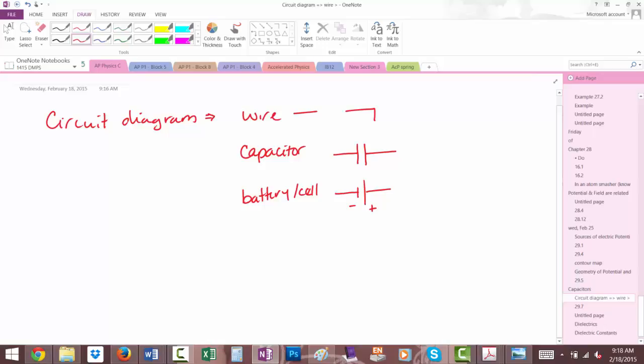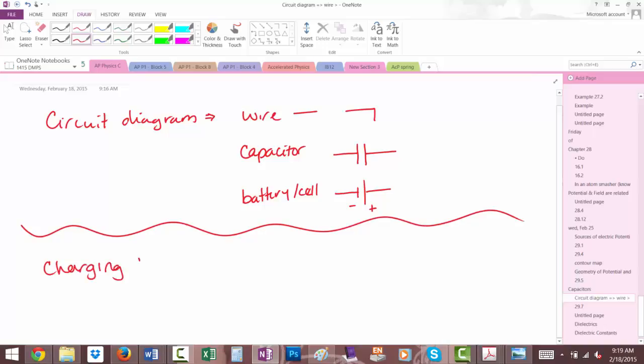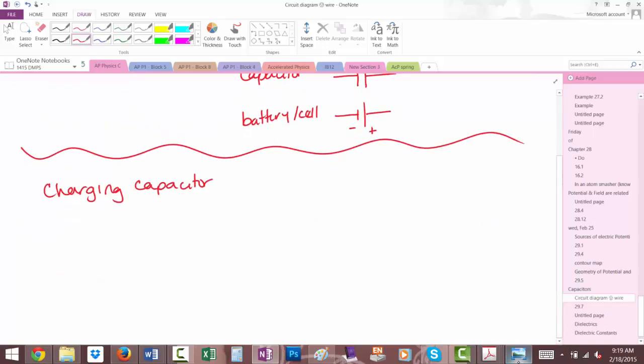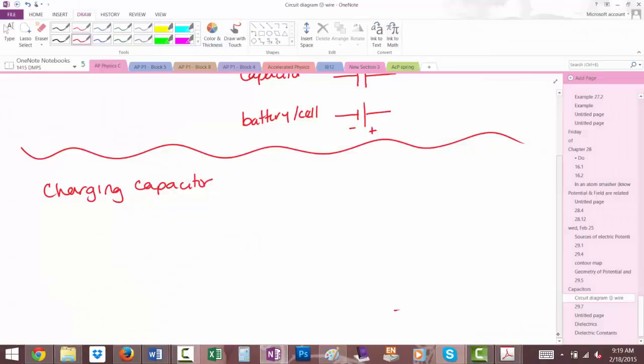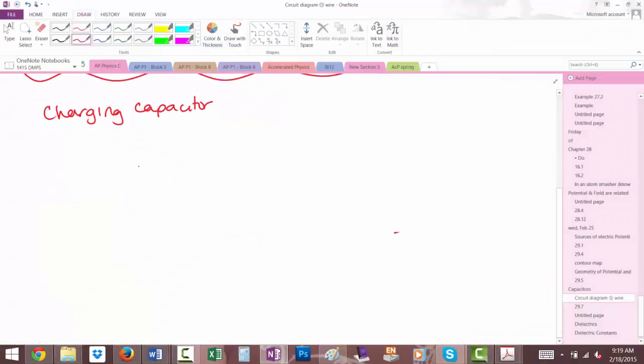So when we build a circuit diagram to talk about charging a capacitor, we're going to take a battery and hook it up to a capacitor.